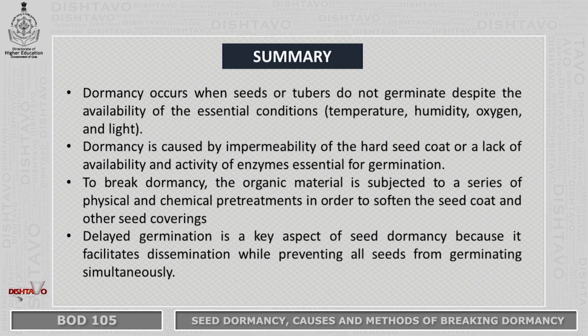In order to break dormancy, the seeds are subjected to a series of physical and chemical pre-treatments in order to soften the seed coat and other seed coverings. Delayed germination is a key aspect of seed dormancy. Because of this, it facilitates dissemination while preventing all the seeds from germinating at the same time.